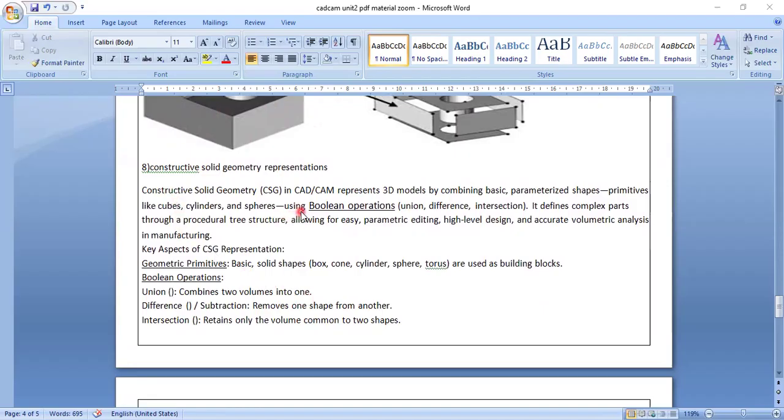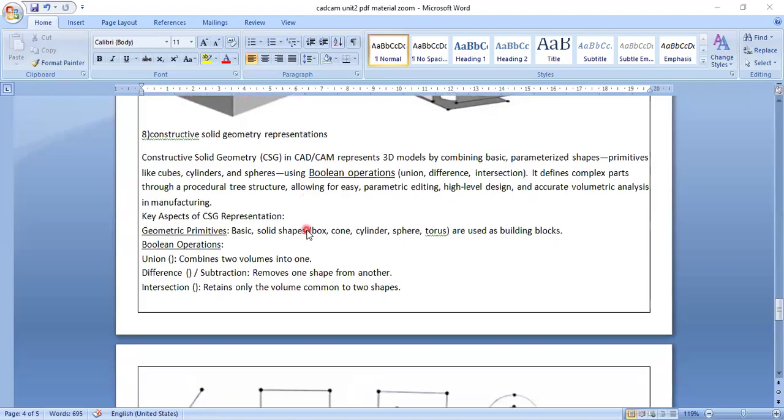Next, explain constructive solid geometry representation. These two questions are very important in unit 2, geometric modeling, because these are weighted questions and the content matter is more in this explanation also. So CSG is also one of the CAD/CAM representations of 3D modeling by combining basic parameterized shapes, primitives like cubes, cylinders, spheres.